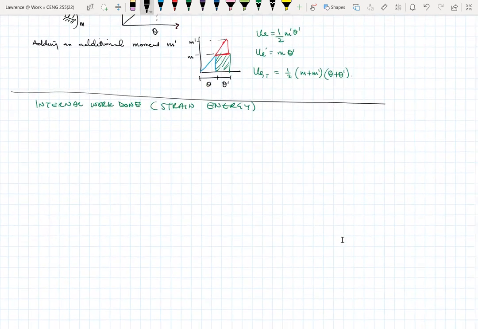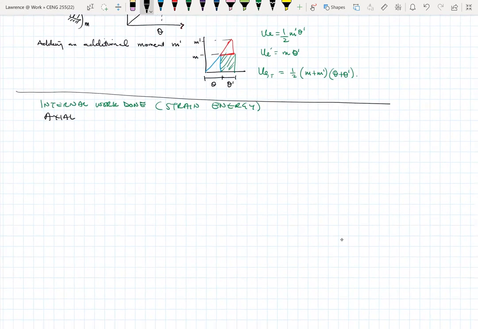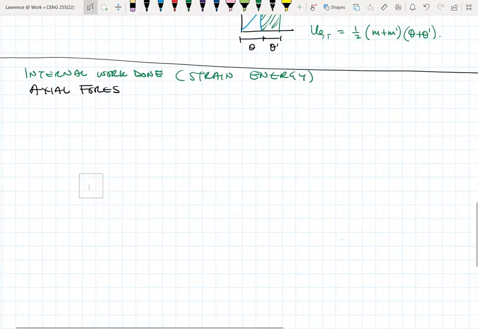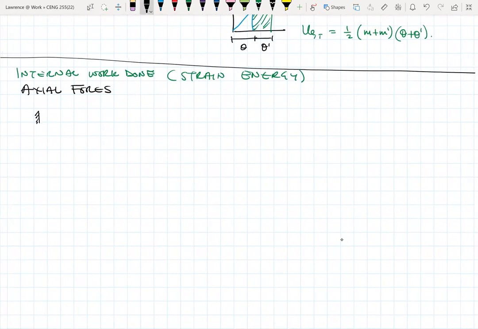So again, let's come back to our bar. Now we are looking at axial forces again. For strain energy, let's look at the bar. Here I'm going to change P into N just for illustrative purposes. P is now N, it's the same thing. We want to convert these external forces which are acting on the beam into the internal behavior.